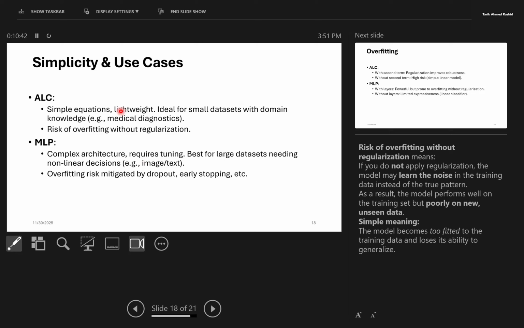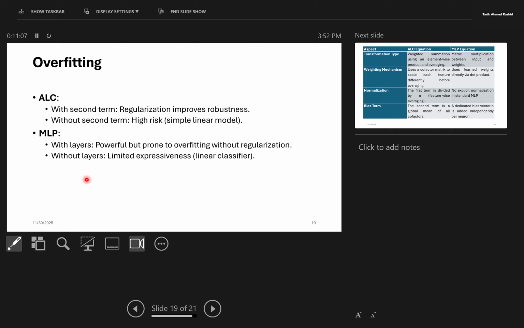So ALC is simple and works with small data sets, while MLP has a complex architecture, a risk of overfitting, and also a problem of early stopping.